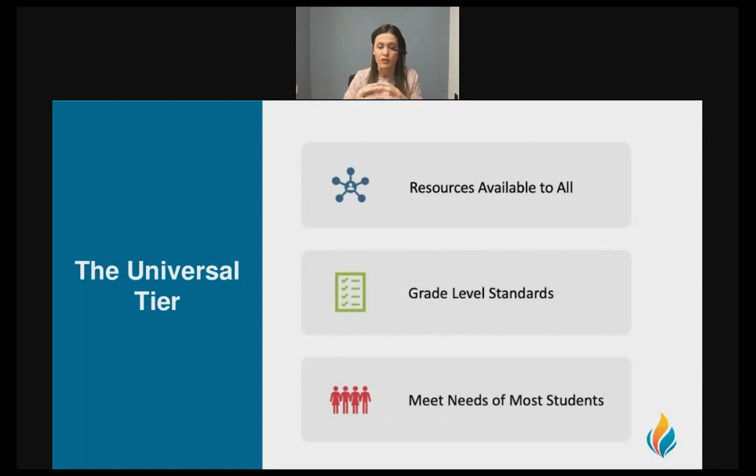It's always important that we're providing tier 1 universal instruction to all students, targeted so that our students are achieving grade level standards and expectations. So all students we expect to be trying to achieve the standards aligned to the grade level the student is in. And also at the universal level, we want to make sure that what we're doing is really meeting the needs of most of the students.